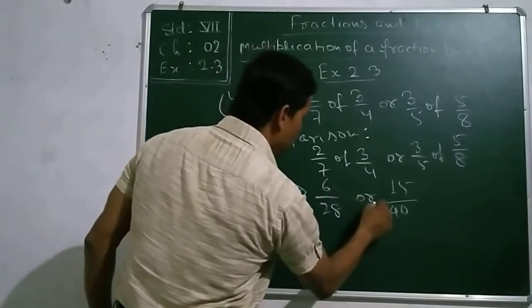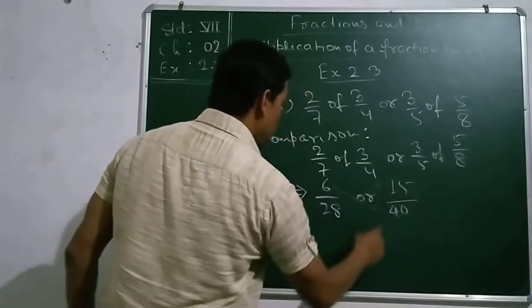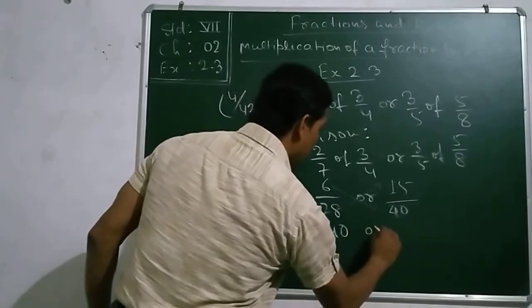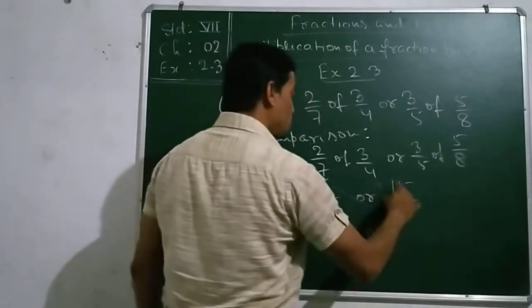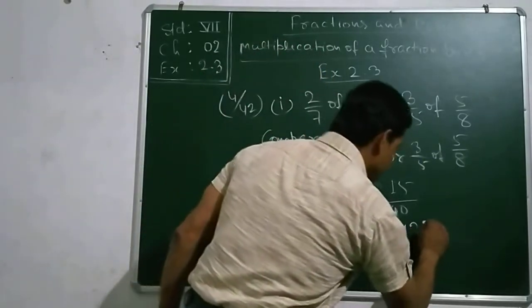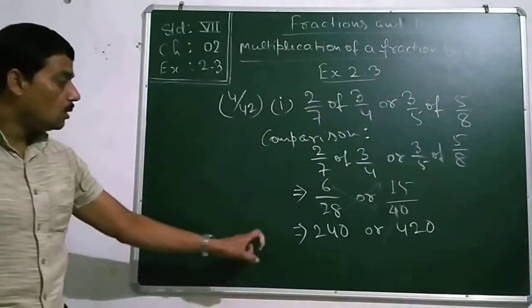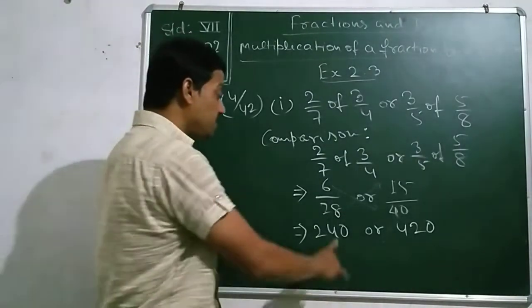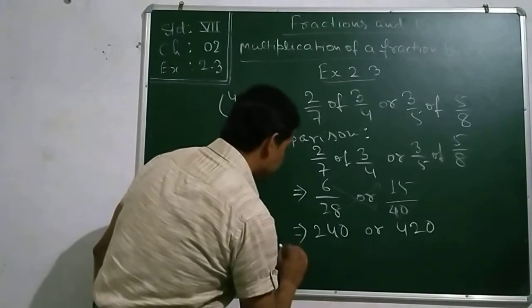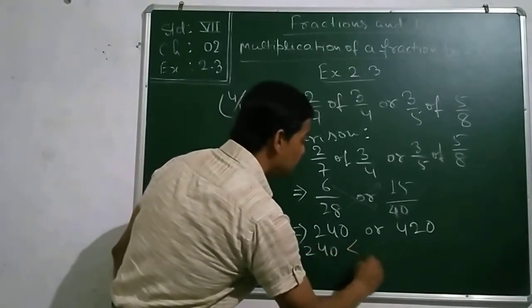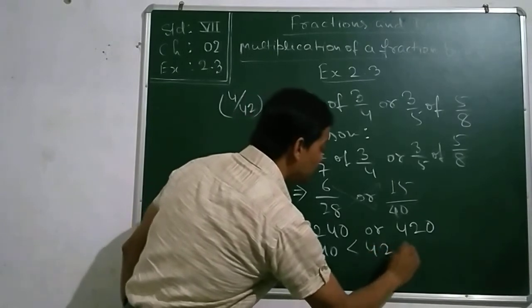Now if you go for the cross multiplication, you will get 6 into 40, 240, or 28 into 15, the product would be, yes, 420. So 240 or 420, clearly you can see 240 is less than 420.